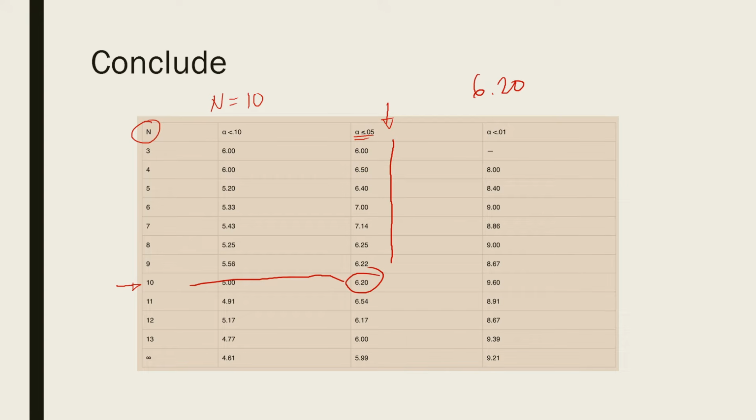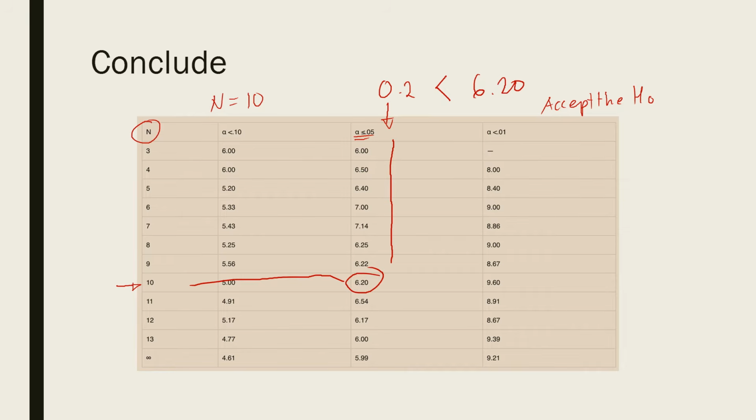And since our computed FM stat is 0.2, alam natin that 0.2 is definitely lower than our 6.20 critical value. Therefore, our conclusion is to accept the null hypothesis. Okay?